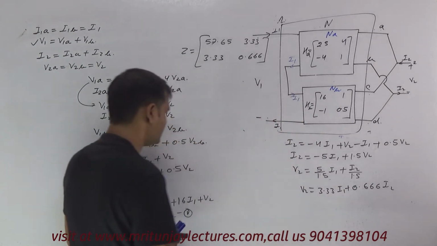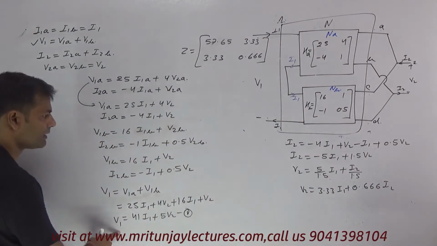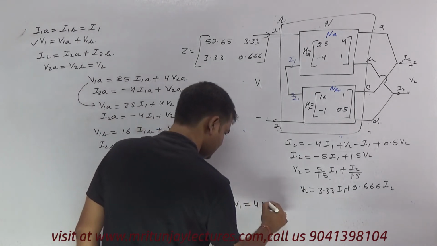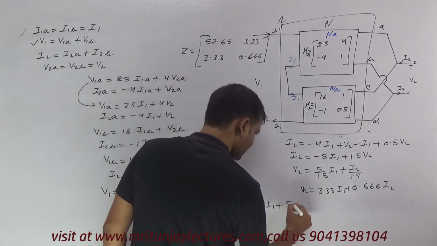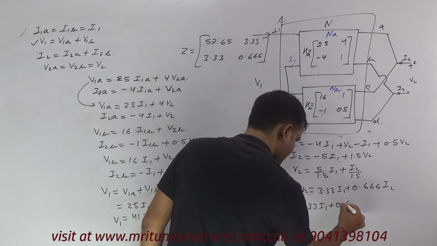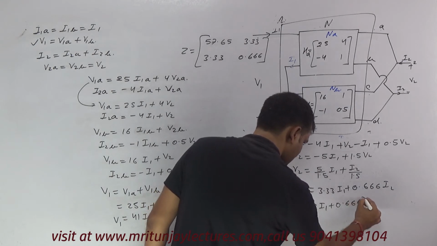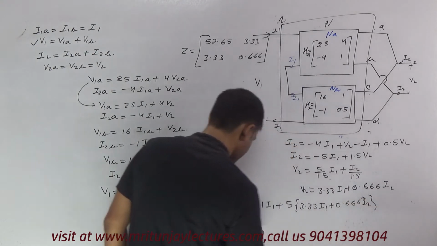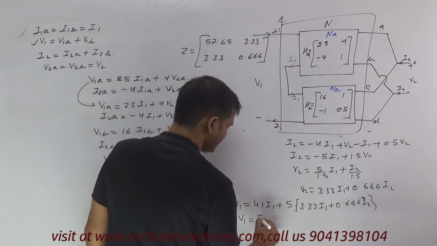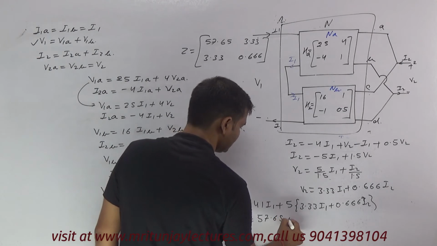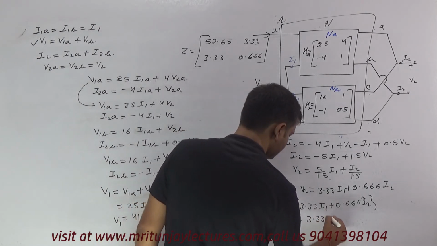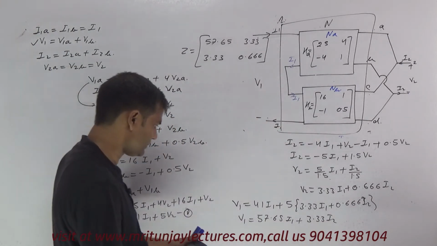If this value is put in equation number 1, then V1 is 41 I1 plus 5 times 3.33 I1 plus 0.666 I2. So V1 is 57.65 I1 plus 3.33 into I2. Okay, any doubt?